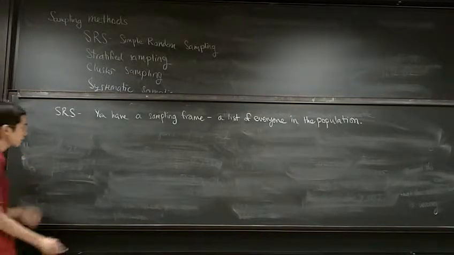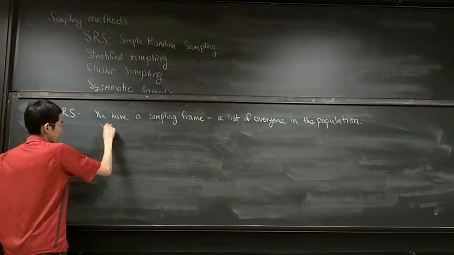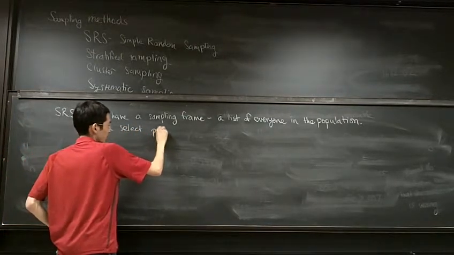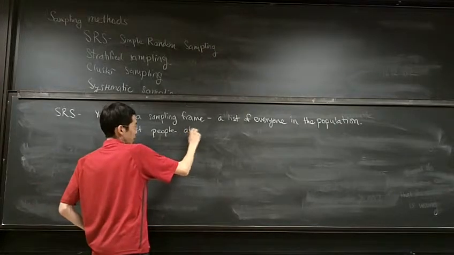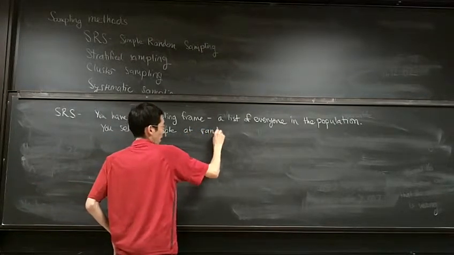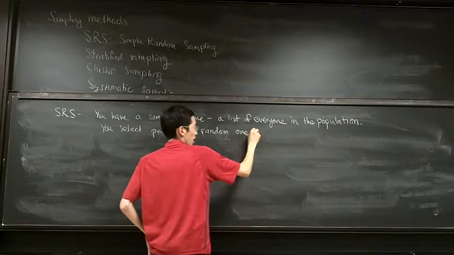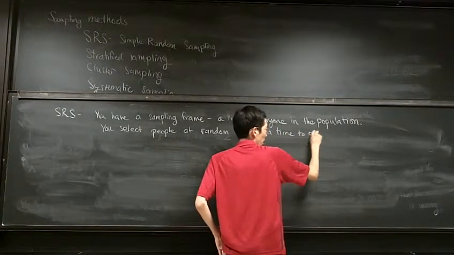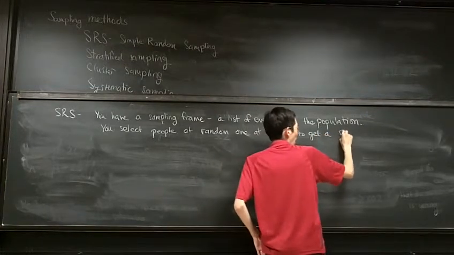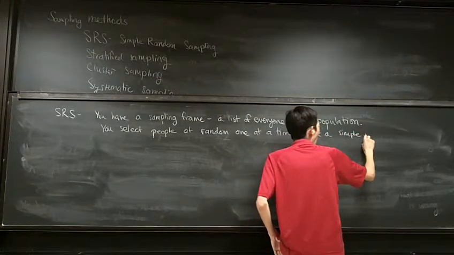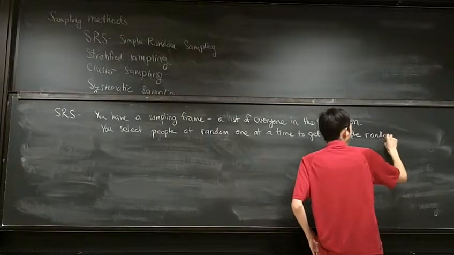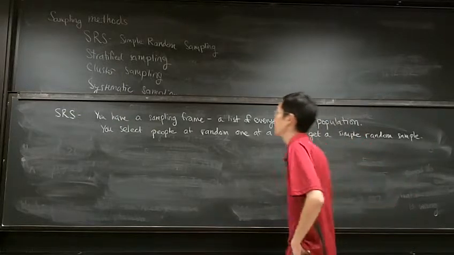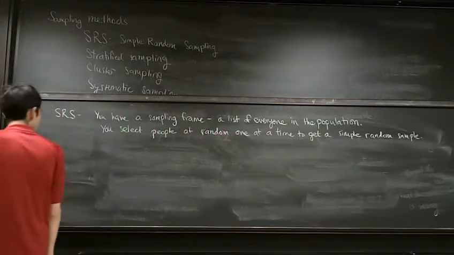And so once you have a sampling frame, you select people at random, one at a time. Okay. Simple random sample.